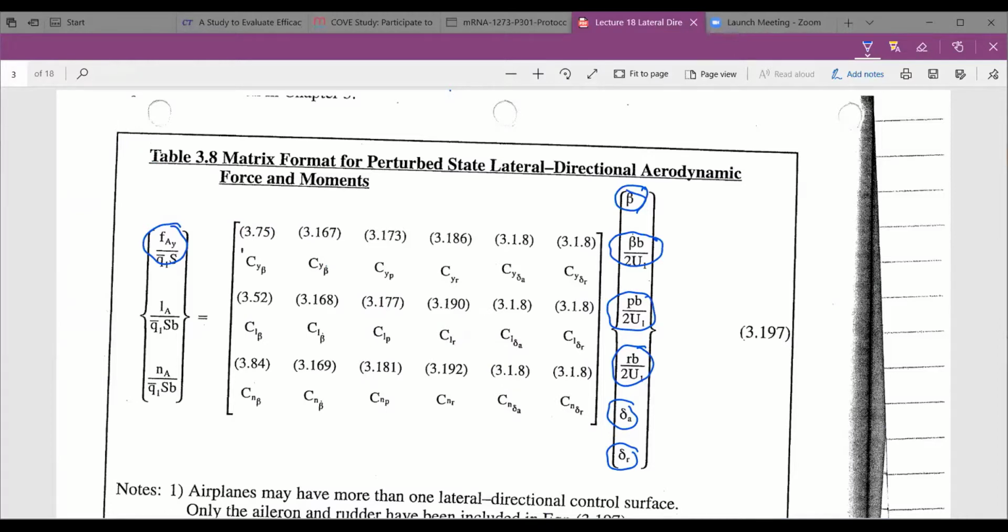Those are the variables we identified a while back when we talked about which variables affected this perturbation, forces and moments.